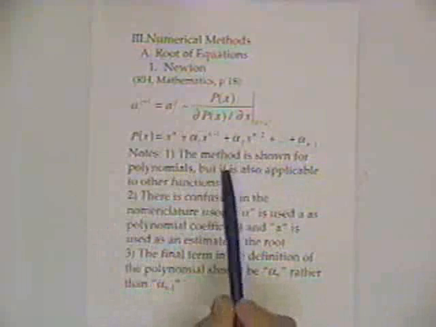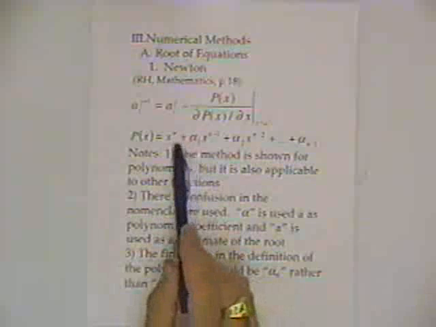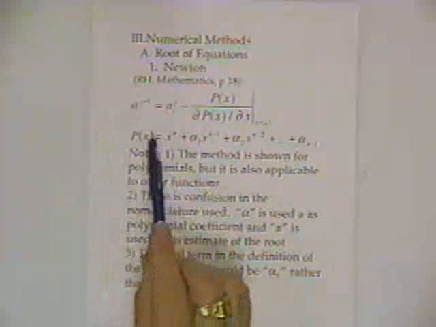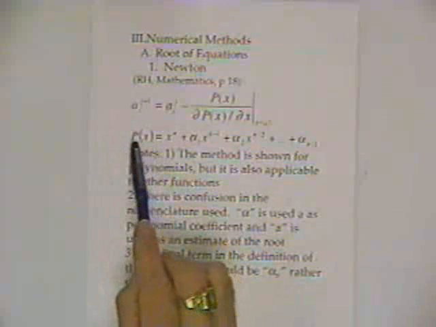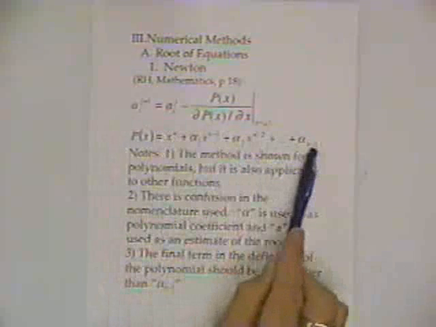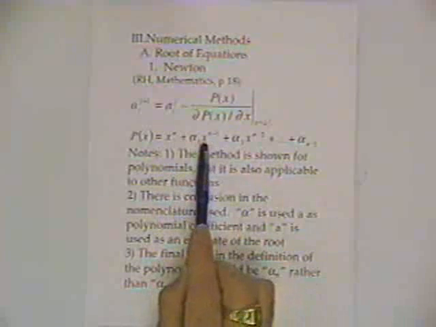It does not have to be a polynomial, but that's probably one of the most common types of equations that is solved with Newton's method. Right, so in the reference handbook, the problem is stated as to find a root of a polynomial that can generally be described in this way: the value of x raised to the n, a coefficient alpha 1 times x to the n minus 1, and so forth.